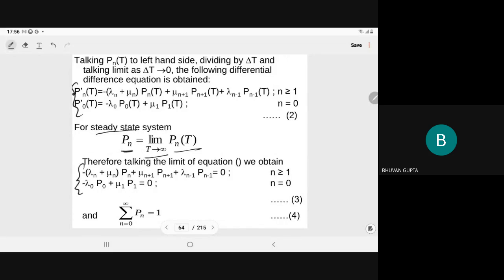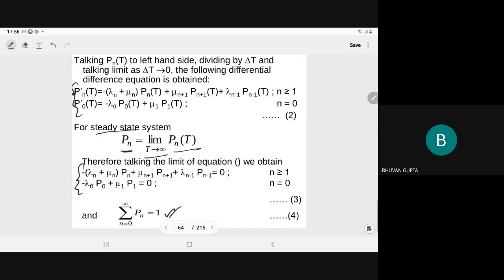So now we have the steady state equation under the normalizing condition. Up to this we have covered. In the next class we compute the solution.